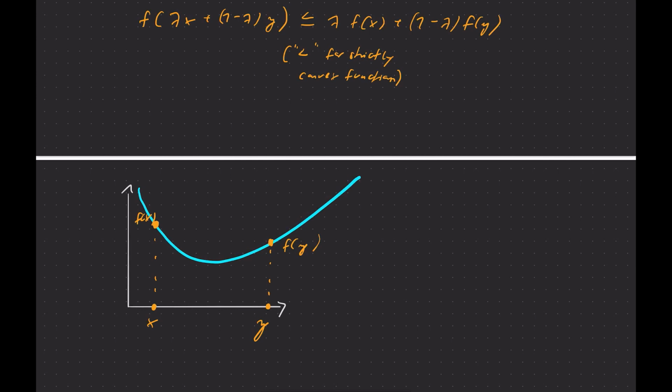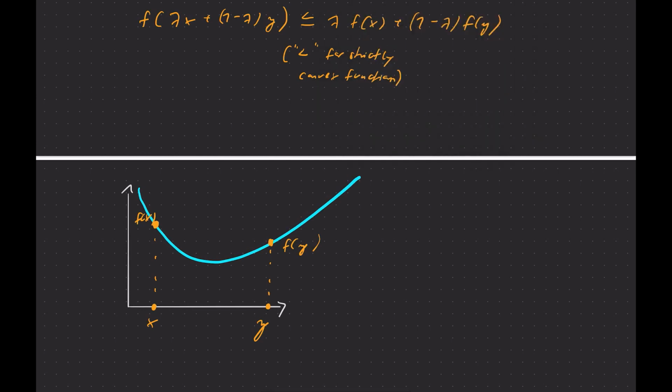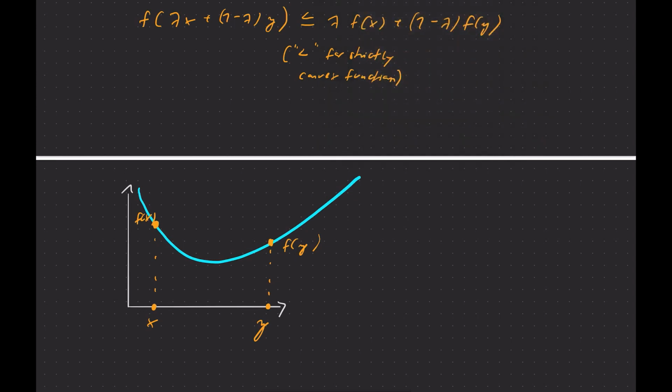And we also have a point somewhere in the middle. So let's take this point here. That is our convex combination, lambda x plus 1 minus lambda y, an arbitrary point between x and y, actually.